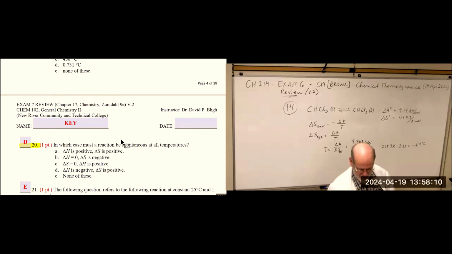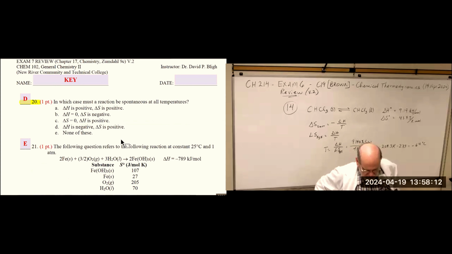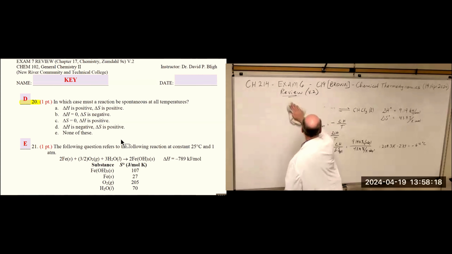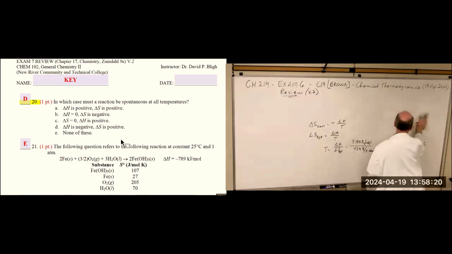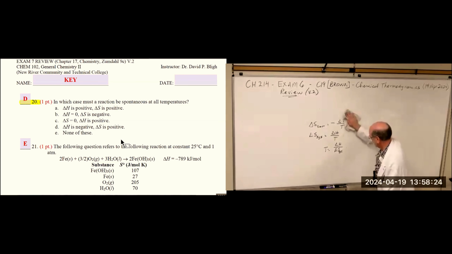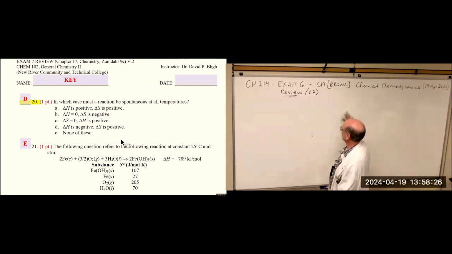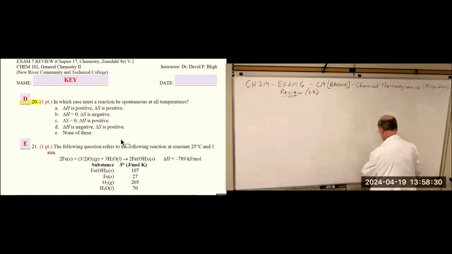All right, what's next? Here we go. Number 20. When I came in here this morning, it was writing all over the board, and it looked like geography or geology.